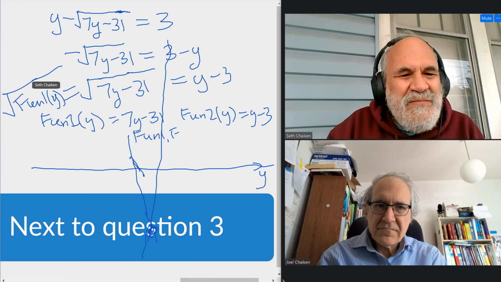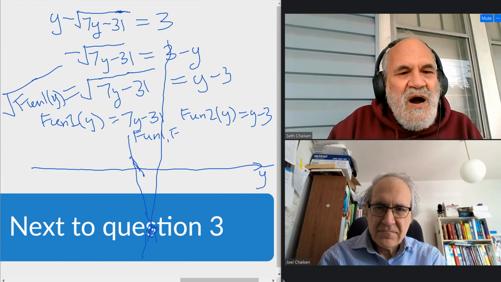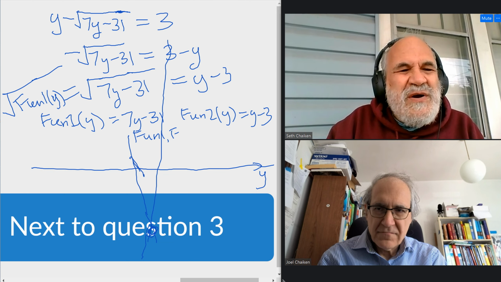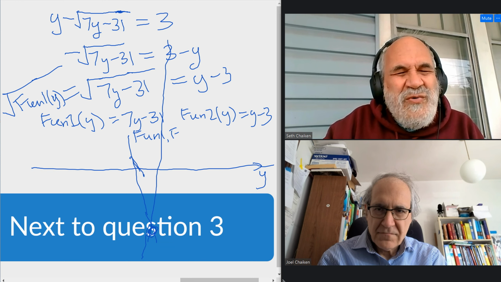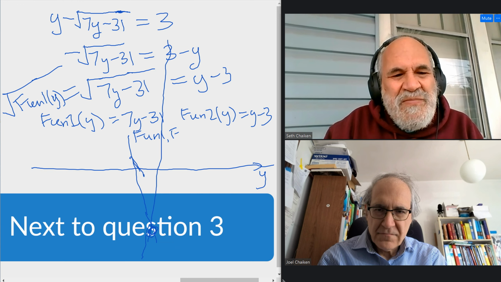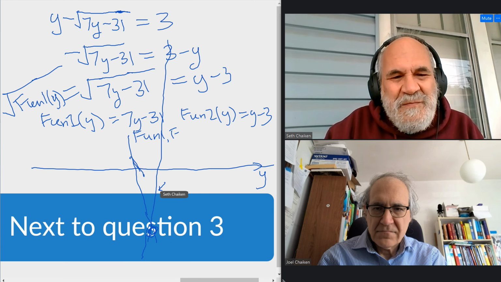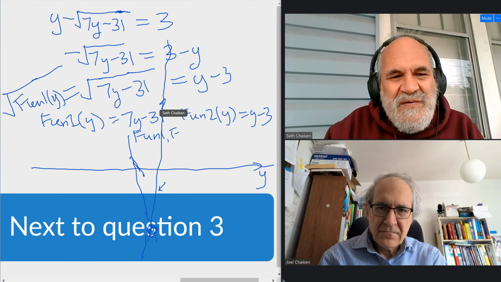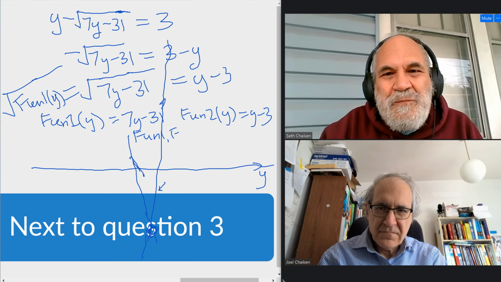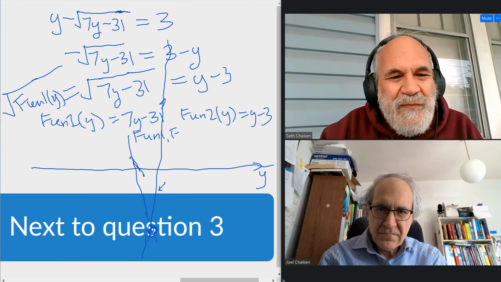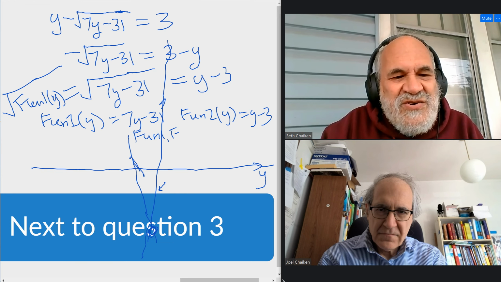However, the value of the square root doesn't exist in SAT math when the square root is applied to a negative number. Here, fun 1 is negative. Here, it's positive. And so if we now plot square roots in red, what you're going to get is a function that looks something like this.